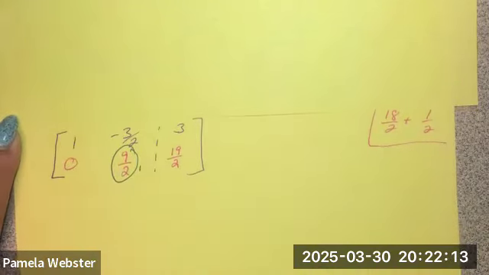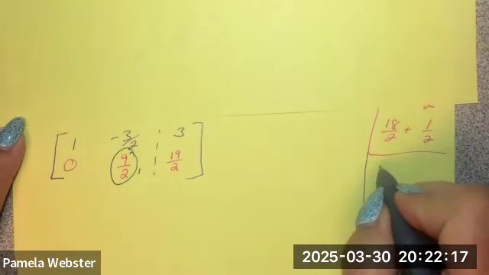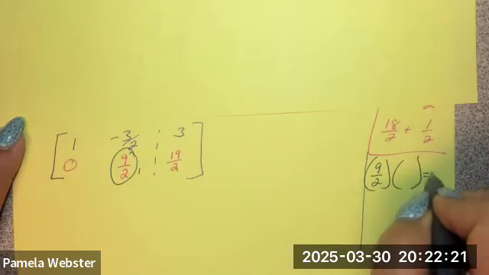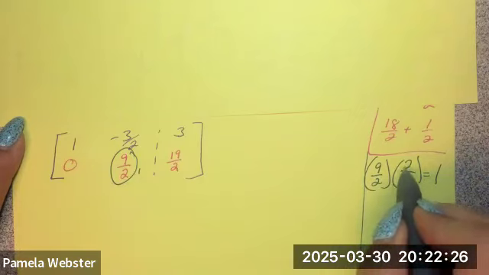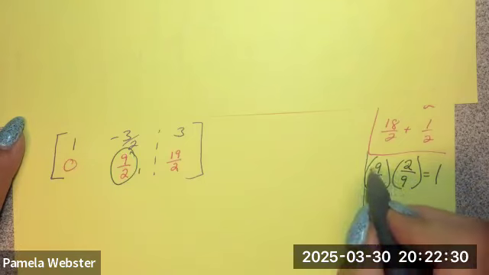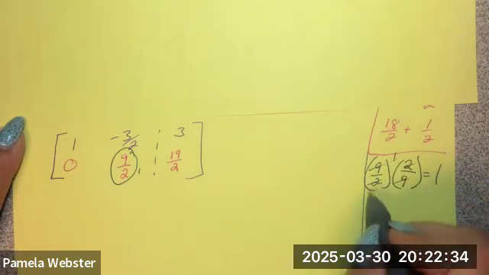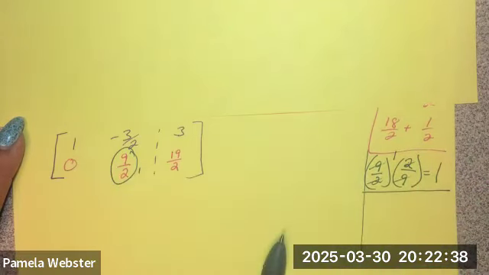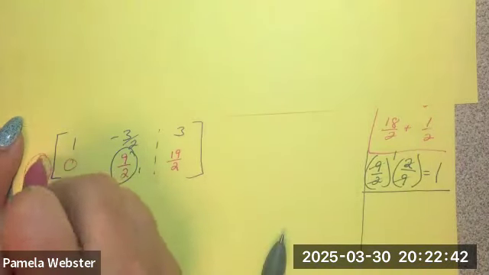And with your fractions, hopefully we know, if I have 9 halves and I want to multiply it by something to make a 1, the fraction that I need to multiply by is the reciprocal, right? 2 over 9, because the 9s will reduce out and the 2s will reduce out, and that'll be just a 1. Okay, so what I want to multiply by out here in the front is 2 over 9.